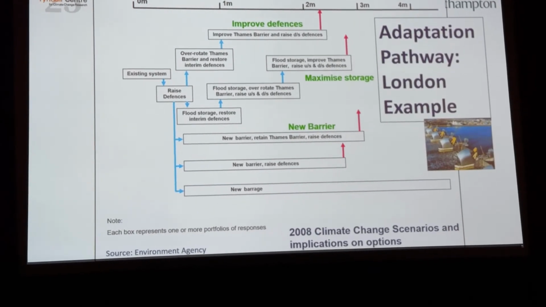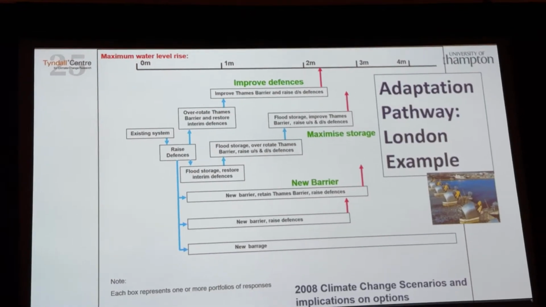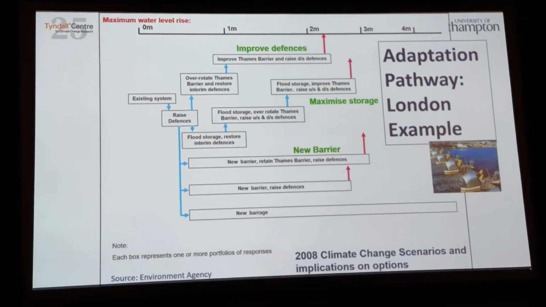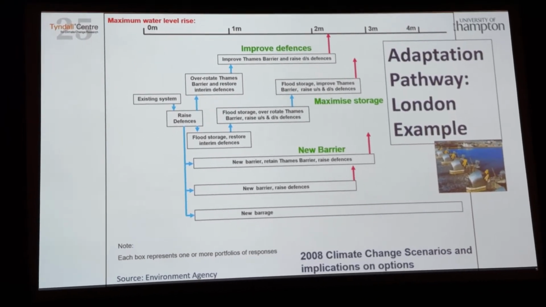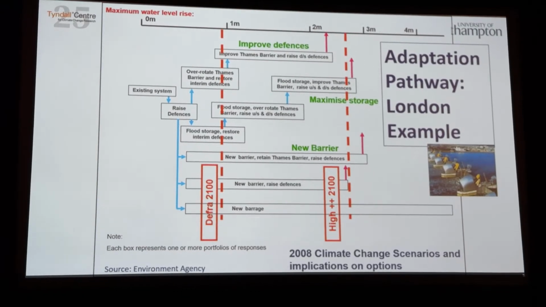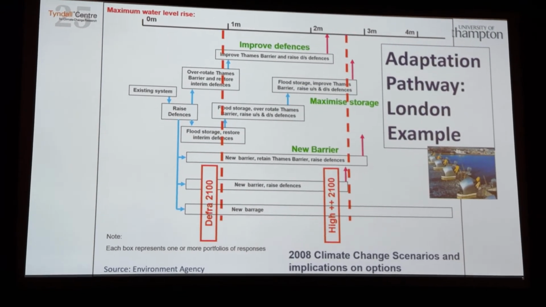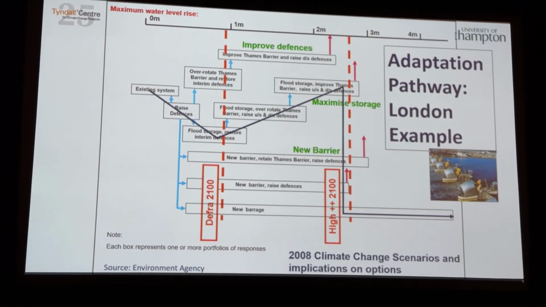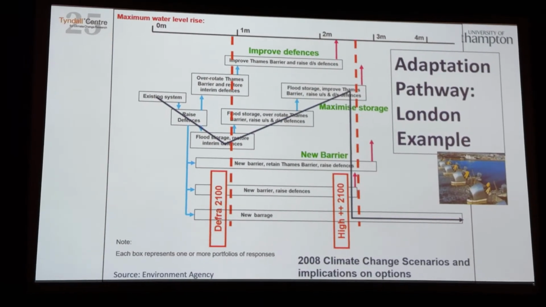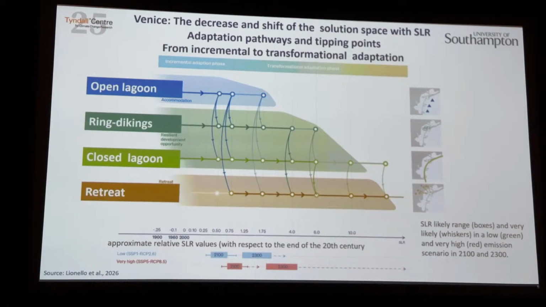And this picture, this cost about £15 million, the study to produce this graph, shows you the different responses that you can take, and then you can link them to different sea level scenarios, interpret pathways through that, and then actually monitor what's going on. This is actually being followed for real in London.